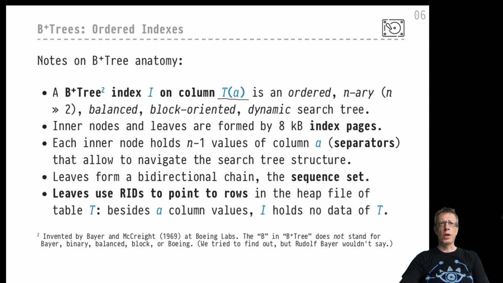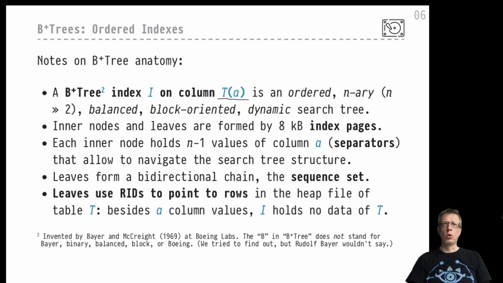If this is an n-ary B+Tree, then inner nodes will hold n-1 values of the A column, the so-called separators that we will be using to decide into which of the n subtrees of this inner node shall my search for the target row descend next.